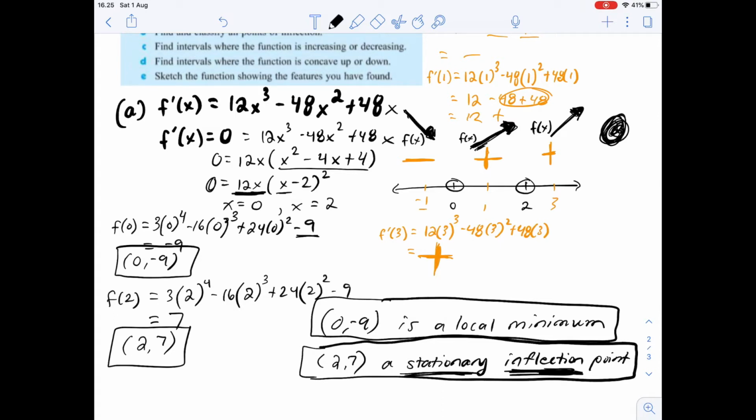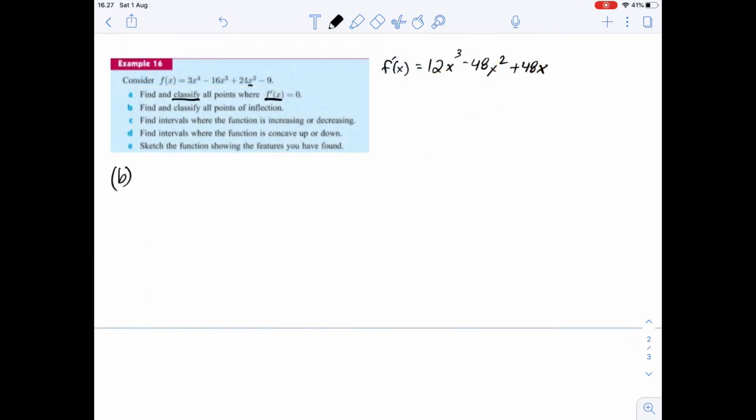Stationary means that the shape of the graph, that is increasing, or what's happening in the interval, will stay the same. It'll stay increasing. But the concavity of the graph changes.